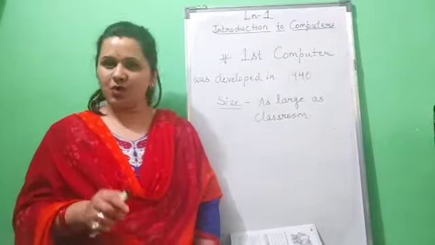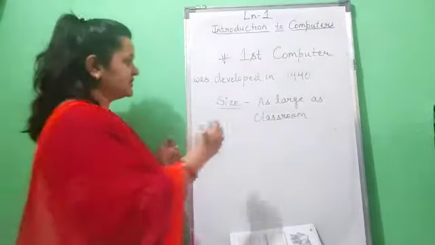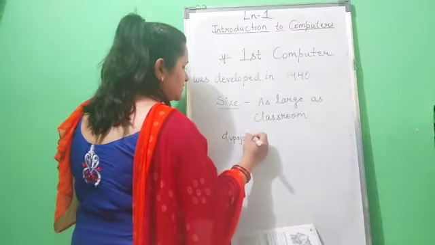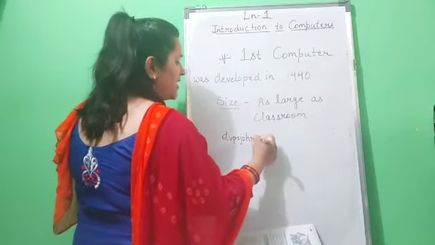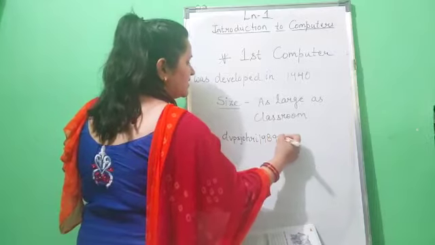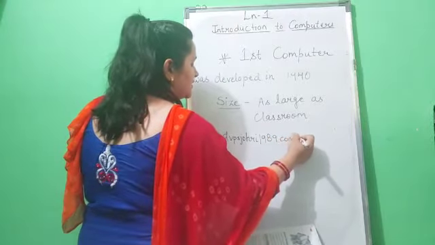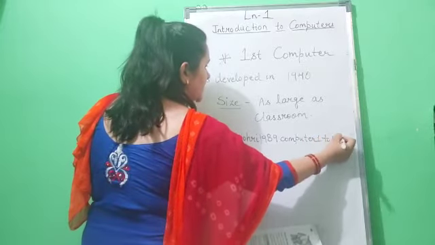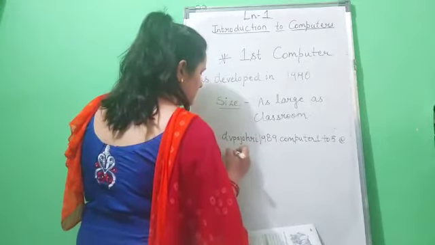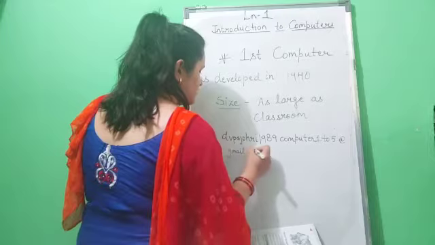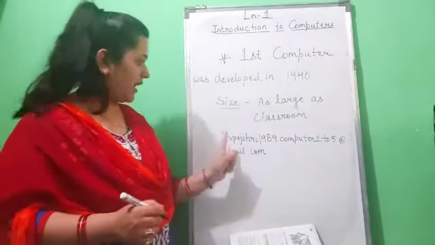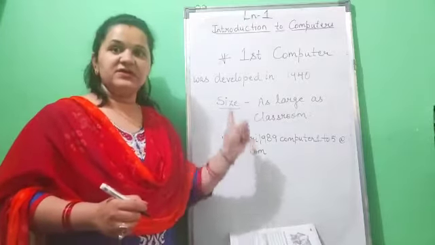Children, you all must know my ID. This is my ID, DVPSJOHRI1989computer125@gmail.com. See children, this is my mail ID. You have to type it very correctly.